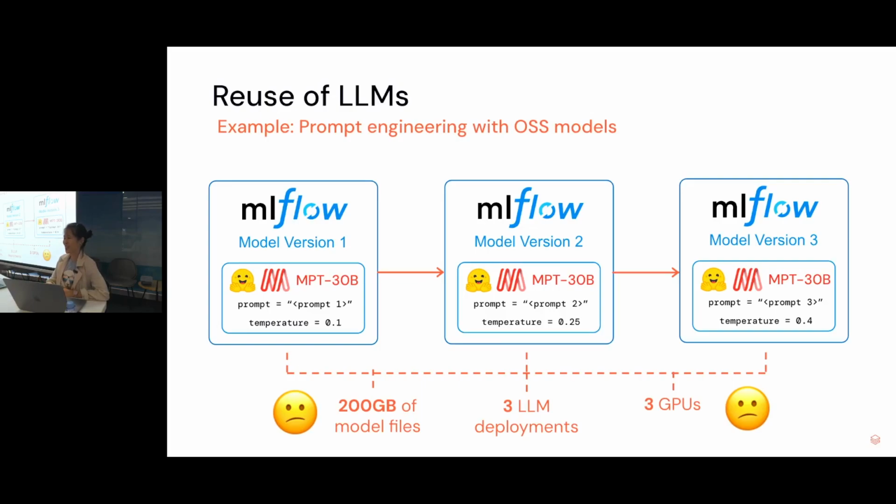MPT30B probably needs at least 2 40 GB A100 GPUs, which are very costly. If we do that across 3 developers, you can imagine the cost is quite substantial.